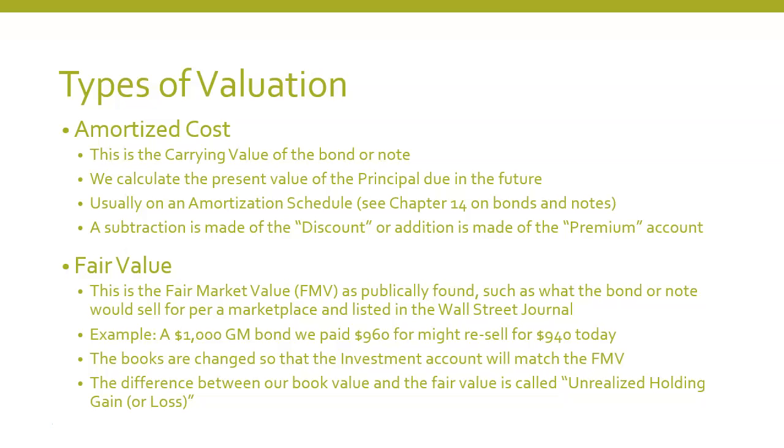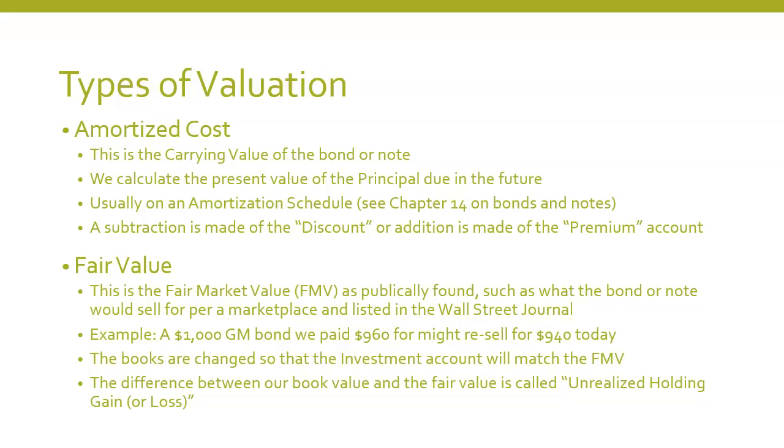That's called a secondary market. The primary market is where we got the bond in the first place, straight from GM. A secondary market is where we're turning around and reselling it to some stranger in the market. The books are changed so that the investment account will match the fair market value.